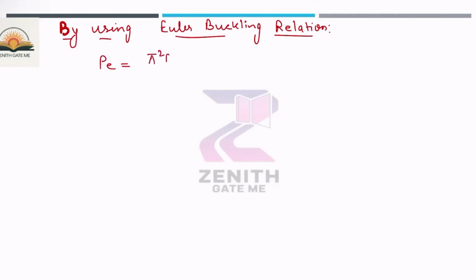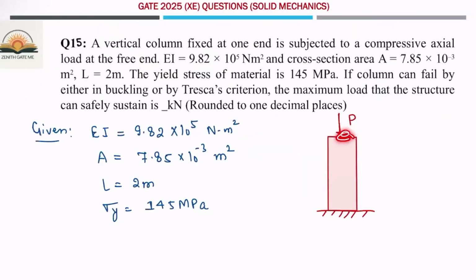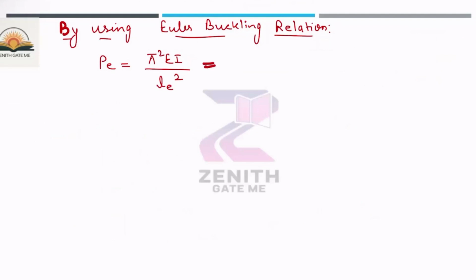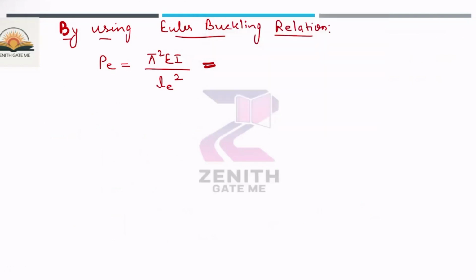It is π² EI divided by the effective length squared. Since one end is fixed and the other is free, the effective length of the column is 2 times the length, which is 4 meters or 4000 millimeters. You plug in the EI value and the effective length to get the Euler load.